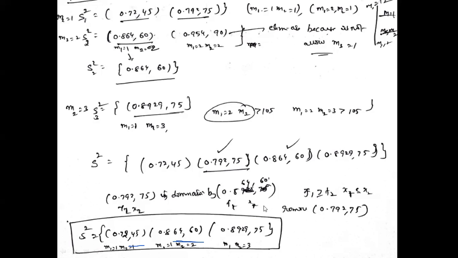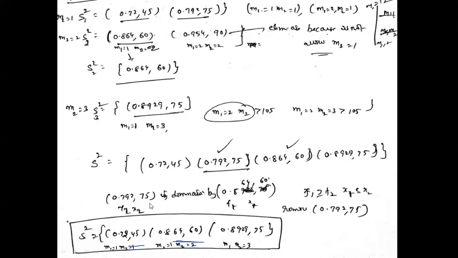So we are removing 0.792 comma 75. Finally S2 equal to 0.72 comma 45, 0.864 comma 60, 0.892 comma 75.